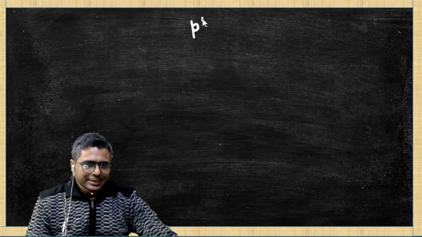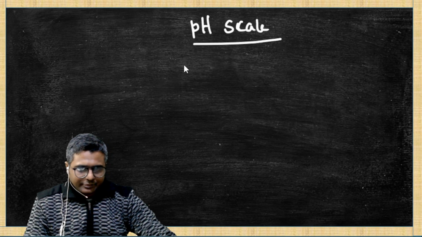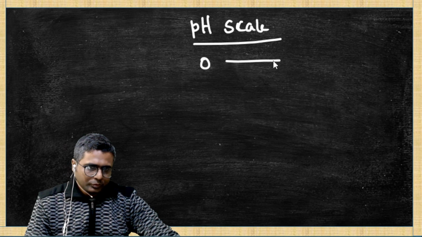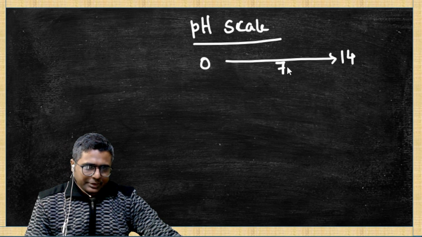Based on this, there is something called the pH scale. The pH scale is from 0 to 14. There is a midpoint which is 7.